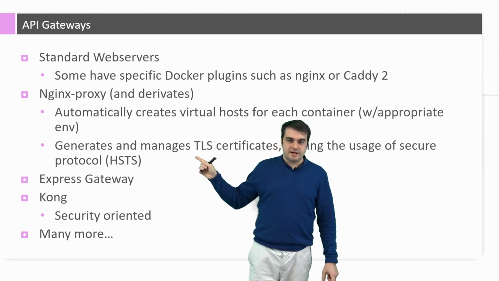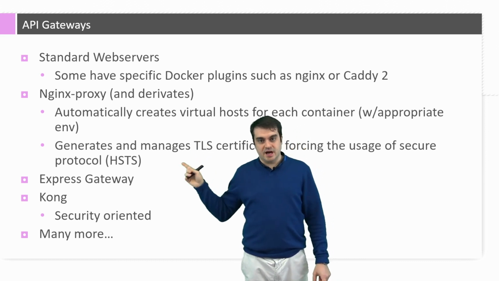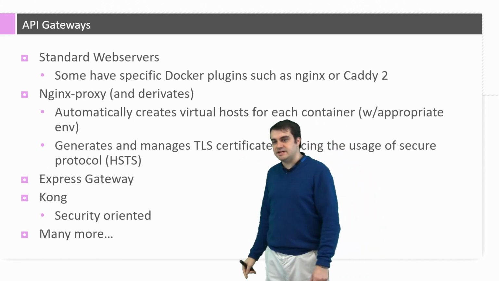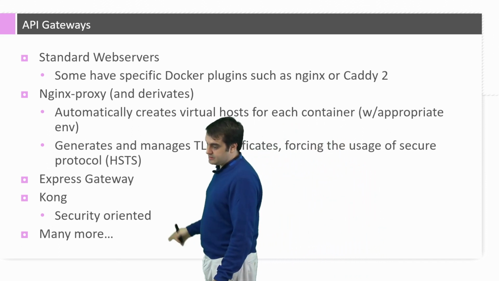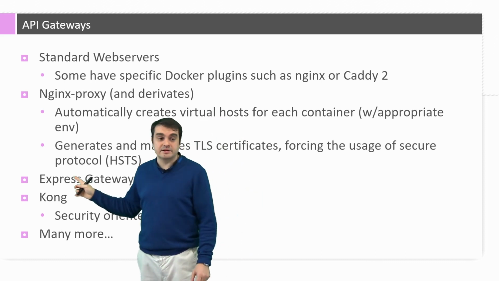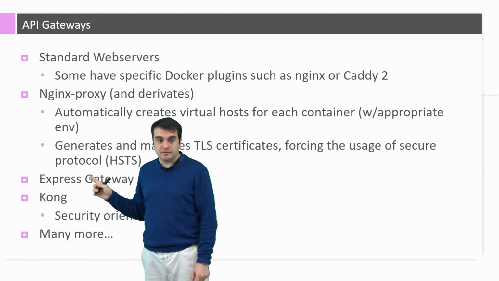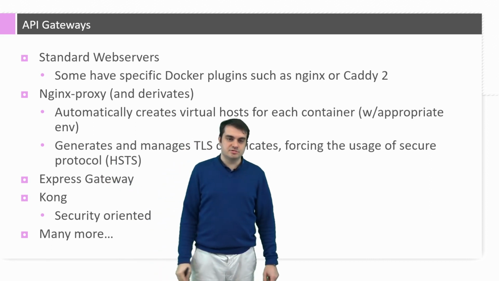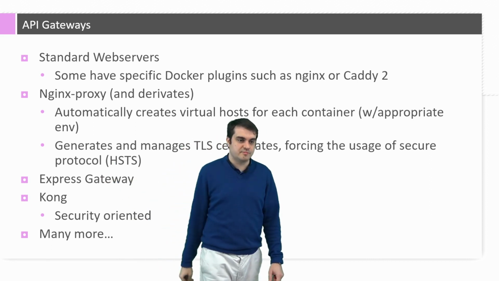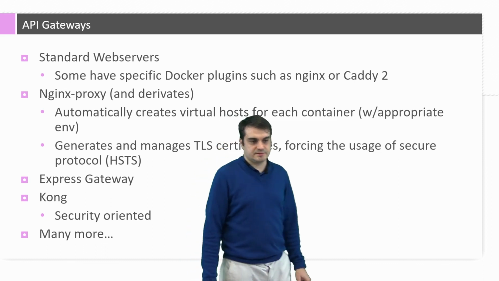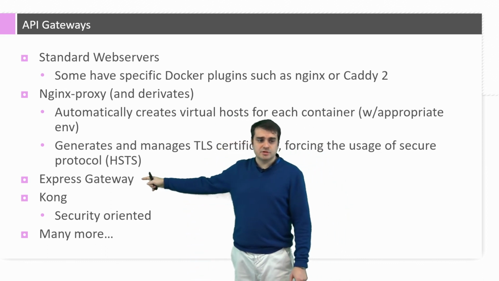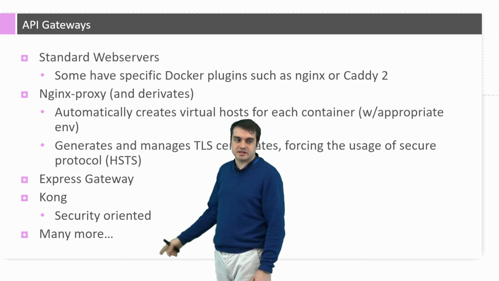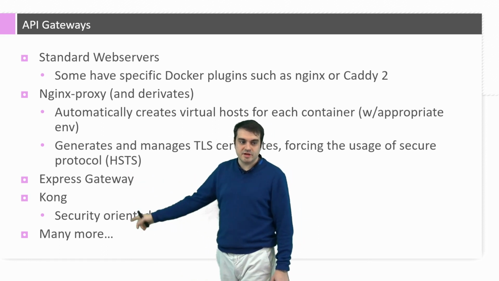Some variants such as the auto proxy also auto-manage the TLS certificates, the X509 certificates that are used for the HTTPS, and enforce the usage of secure protocols through the HSTS policy. We might also find specific API gateways for microservice architectures, such as Express Gateway or Kong.